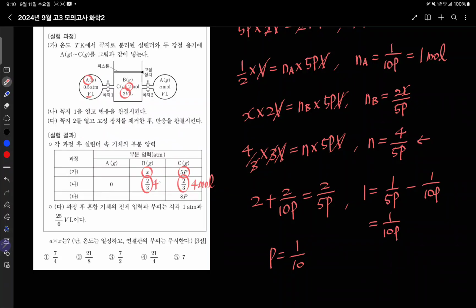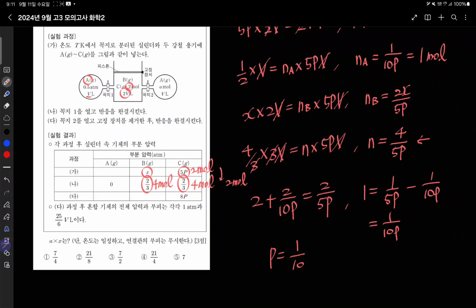So amount of gas B is also 4 mole because they have the same partial pressure. And originally amount of gas C was 2 mole, so that means 2 mole of gas C is newly formed.